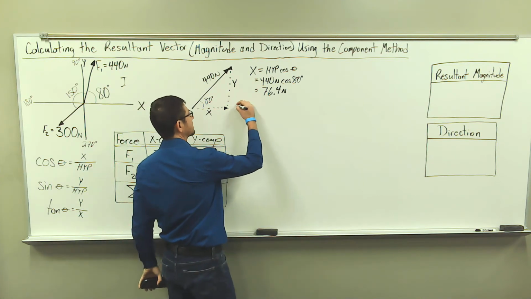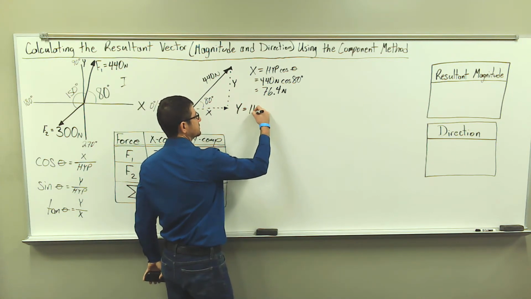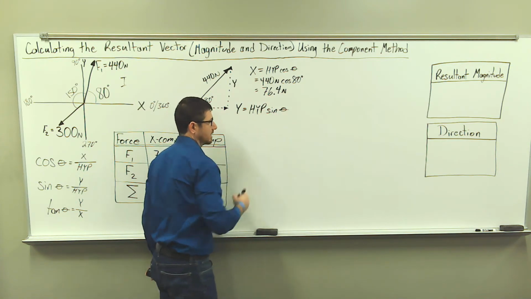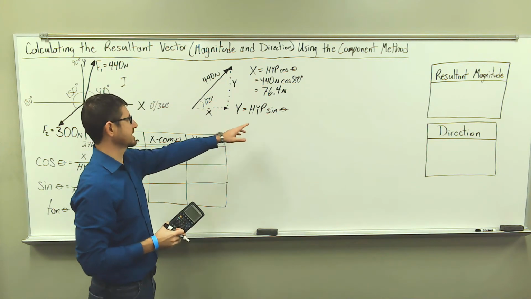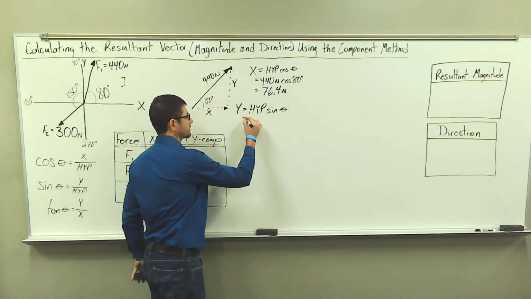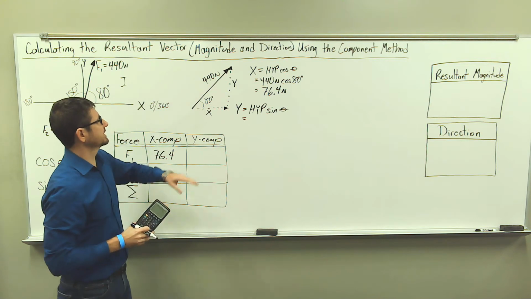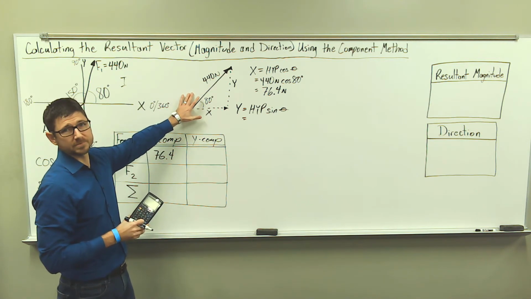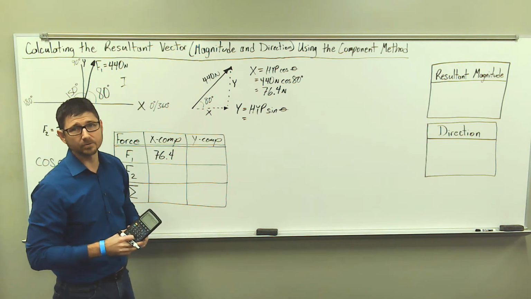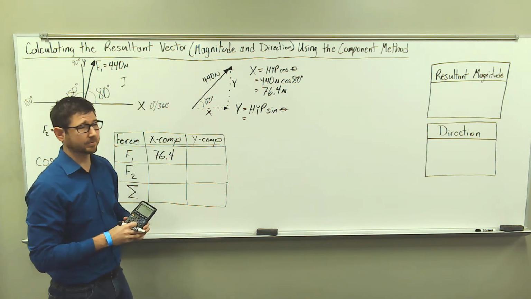We know that the y component is equal to the hypotenuse times sine of the angle theta. Remember, this angle theta is the reference angle. So our vector is 440 newtons, and we need to ask ourselves, is this being applied in the positive y direction or the negative y direction?